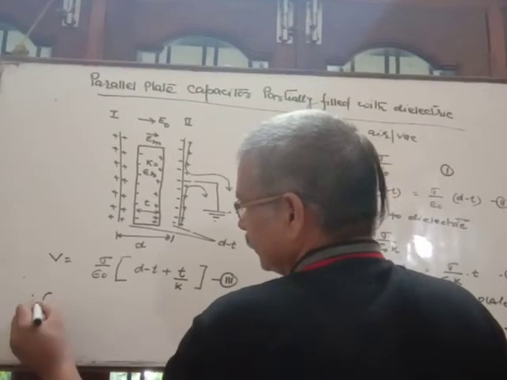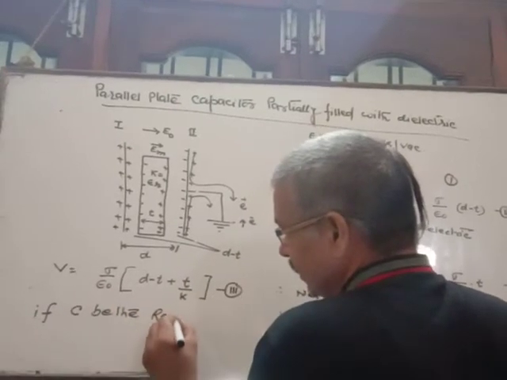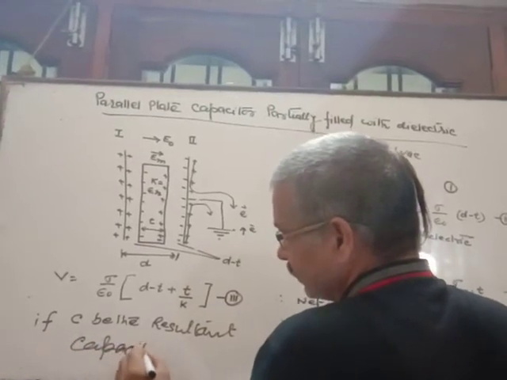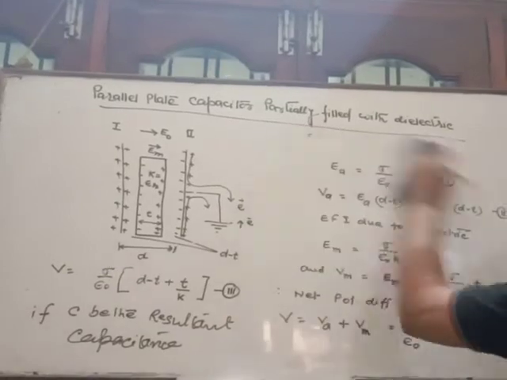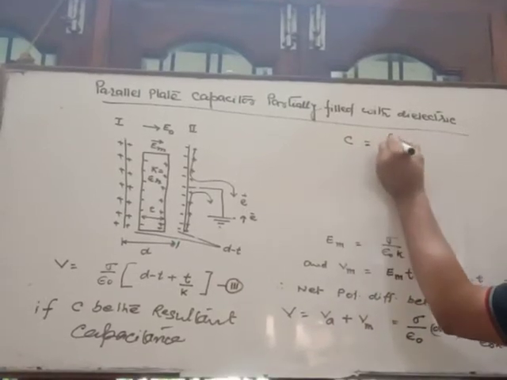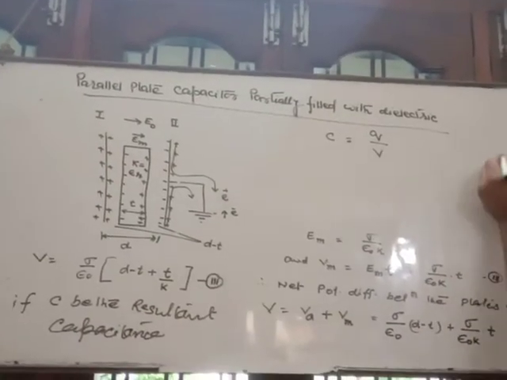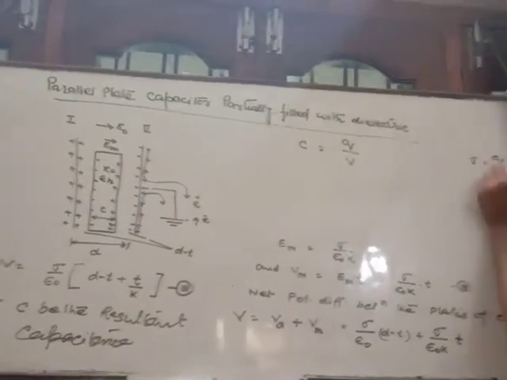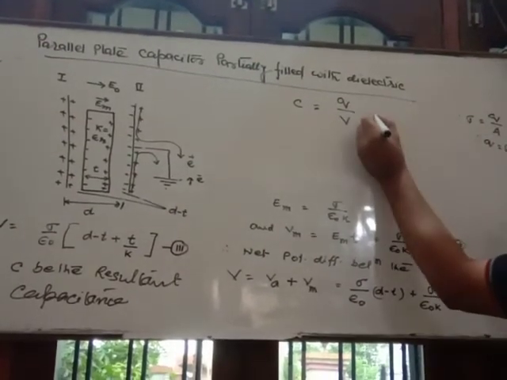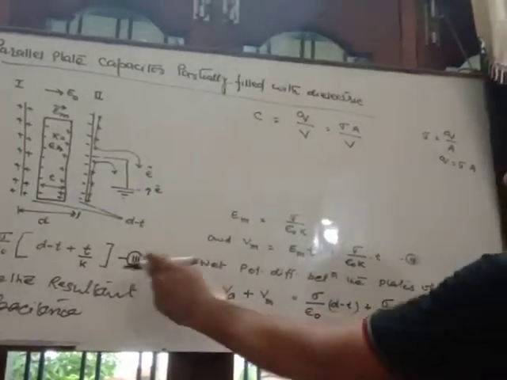If C is the resultant capacitance, then C is equal to Q by V. And since sigma is equal to Q by A, therefore Q may be written as sigma into A. It becomes sigma into A upon V. Put the value of V from the third equation.